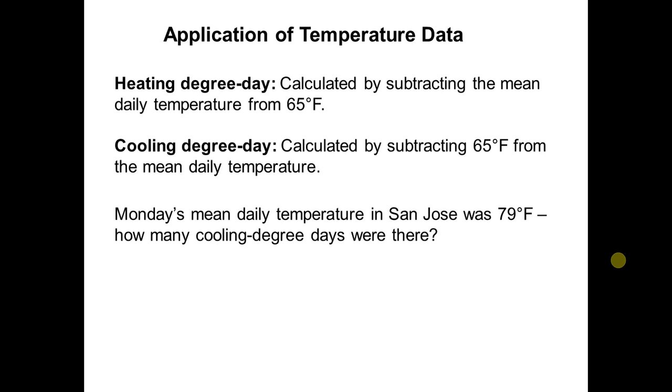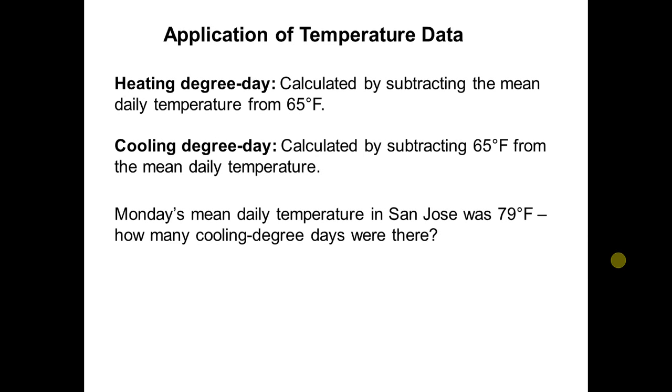For example, if the mean temperature for a day was 64 Fahrenheit, there would be one heating degree day on that day. On the days when the mean temperature is above 65 degrees Fahrenheit, there are no heating degree days. The lower the average daily temperature, the more heating degree days and the greater predicted consumption of fuel for heating.